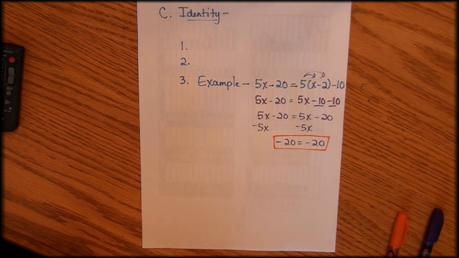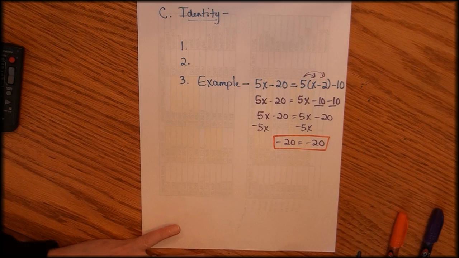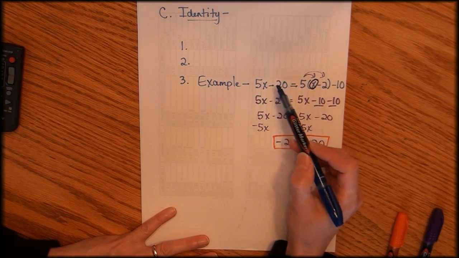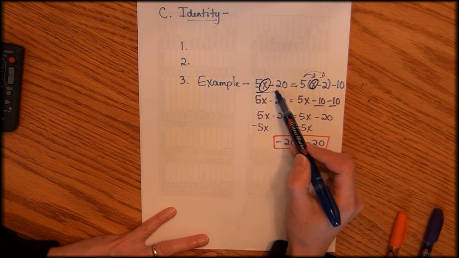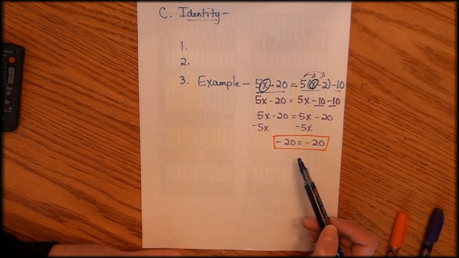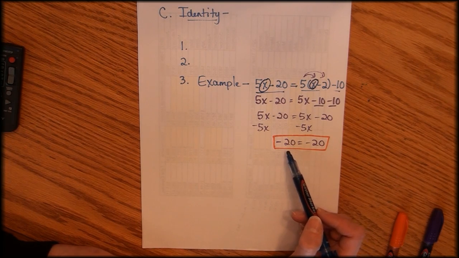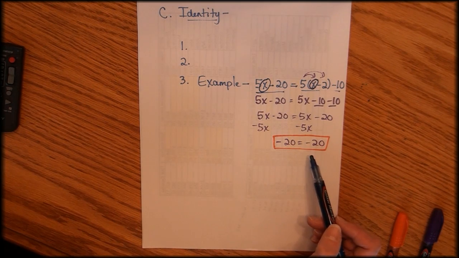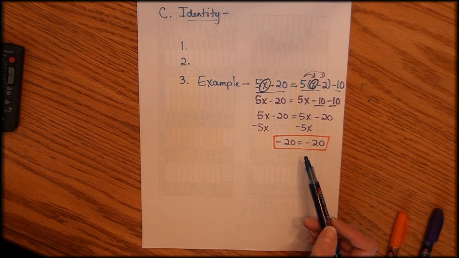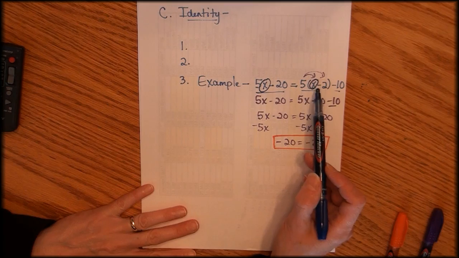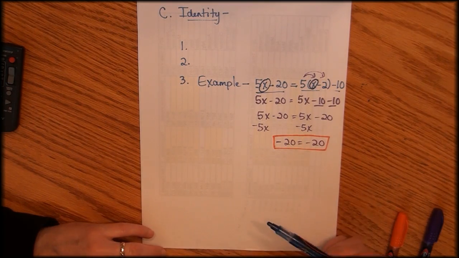And an identity simply means, because remember, we're looking for all the numbers that we can plug back in here for this x and for this x and get this left side to equal this right side. Well, when we get down to wiping out all the variables and one number is the same thing as the other number on the other side of the equal sign, then that means every single number can be plugged back in here for this x and get the left side to equal the right side.